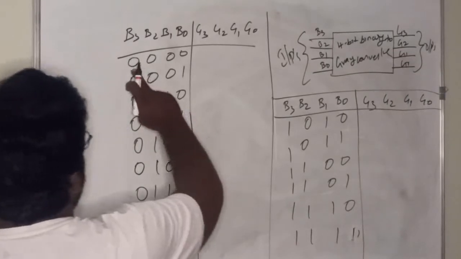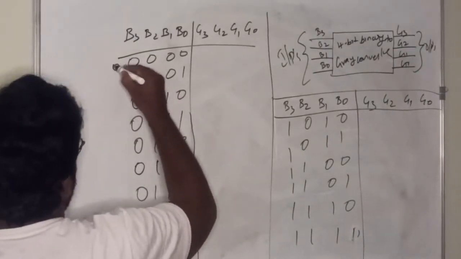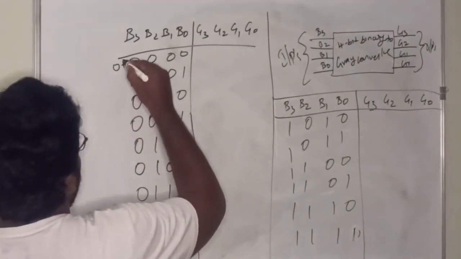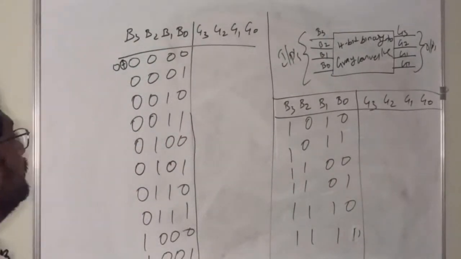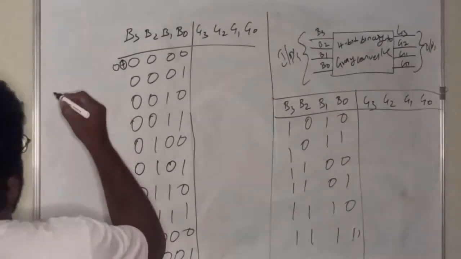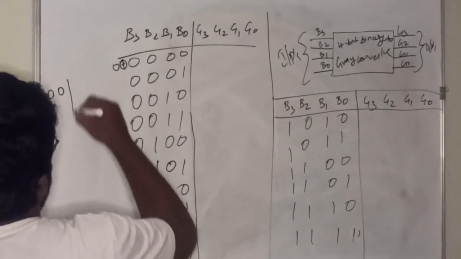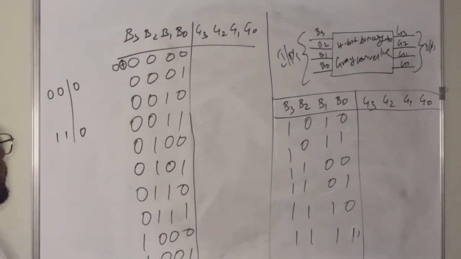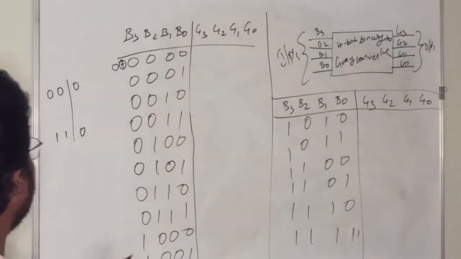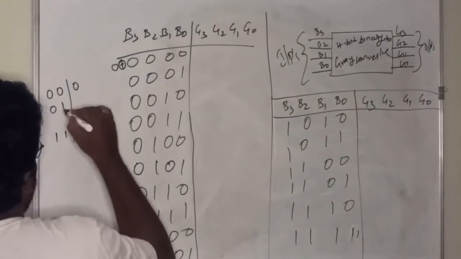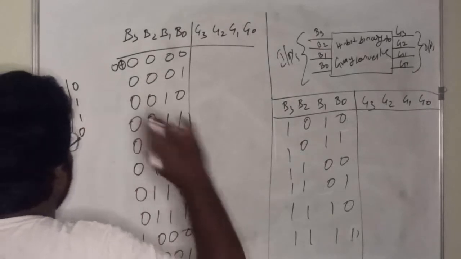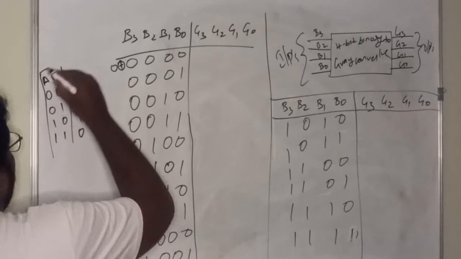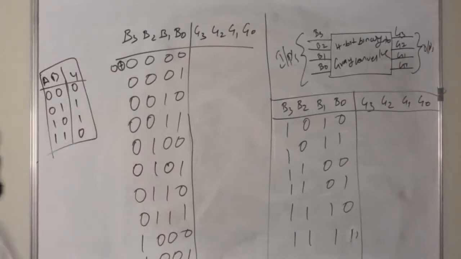See, for 0, 0, 0, 0, here I am placing 0 in front of the MSB and performing the XOR operation. When we have 0 and 0, the output is 0; when both inputs are equal, the XOR output is 0. For inputs A, B and output Y, this is the XOR operation.